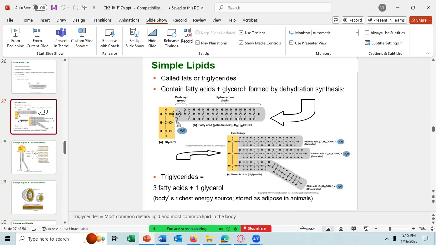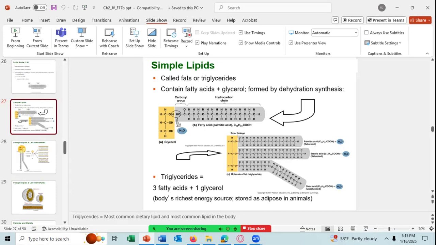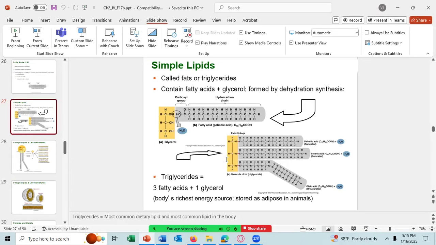So simple lipids are a polymer made up of three molecules, or at least triglycerides are, including glycerol and then three fatty acid components. These are the monomers, and then the triglyceride is a polymer. There are only some lipids which are made up of monomers. The triglyceride is the first, and generally simple lipids are that way.